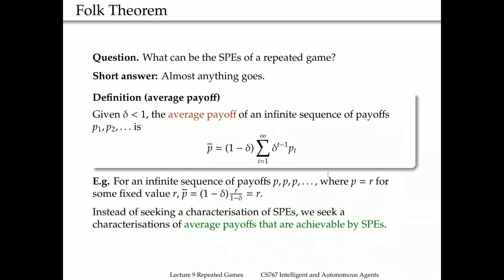Then if you multiply by 1 minus delta, you recover the original value 5. So in this sense, this P bar indeed gives us an indication of the average payoff of an infinite sequence of payoffs. This is just a technical term, but instead of seeking a characterization of SPEs, we would like to characterize the potential average payoffs that are achievable by SPEs of a repeated game.